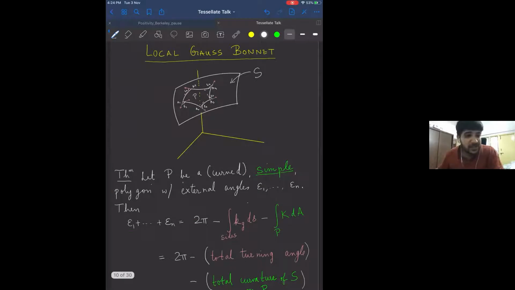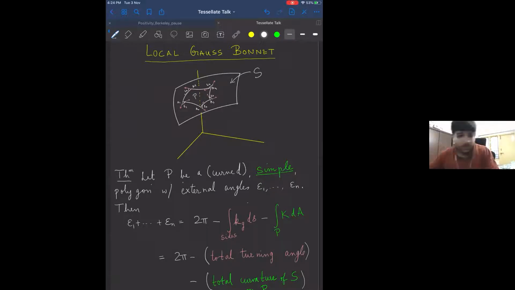So the Gauss-Bonnet actually generalizes all of that. So I'll first state the Gauss-Bonnet, and it will have lots of terms that make no sense to you. But for the entirety of the lecture, my goal will be to describe what these mysterious terms are.